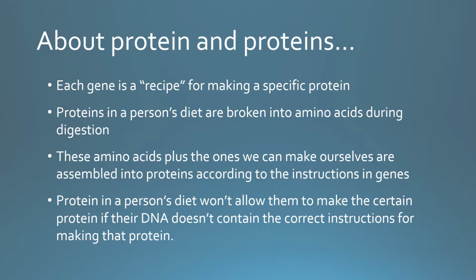Then your body uses those amino acids to assemble your own proteins, following the instructions in your genes. So it's not a matter of how much protein you eat. If you don't have the proper instructions for making a certain protein, your body won't be able to make it.